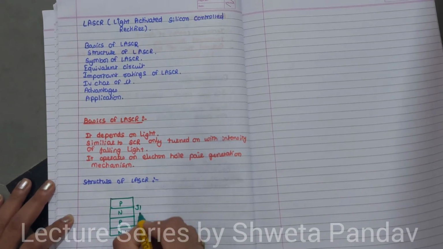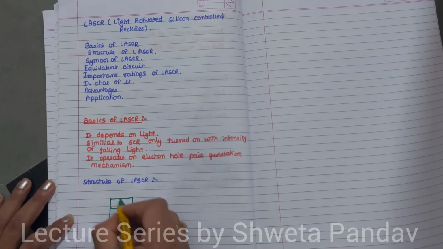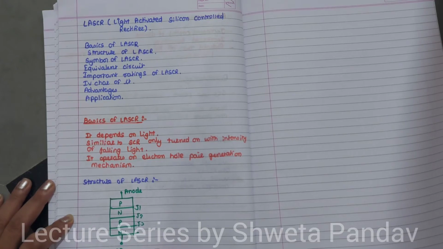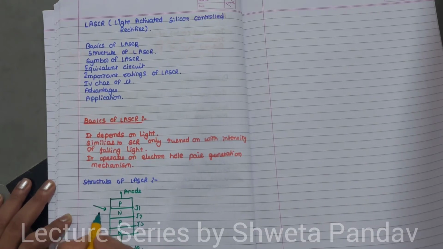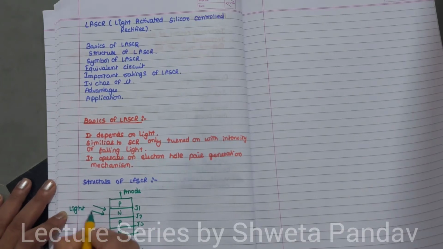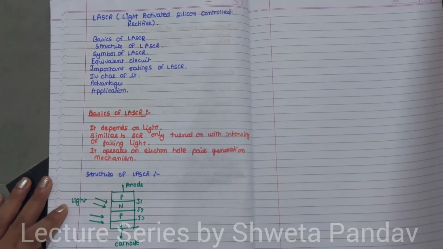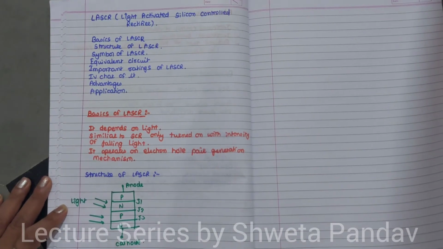It has three junctions, J1, J2, J3. It has two terminals, anode and cathode. The only difference is that whenever light intensity falls on it, it is turned on. Okay, this is the construction of LASCR.